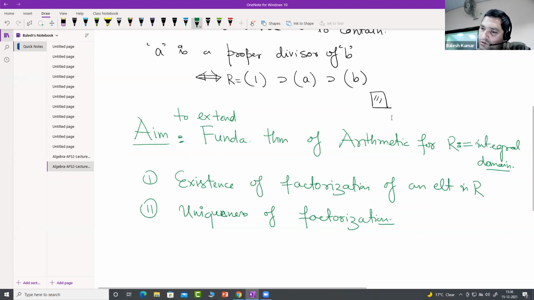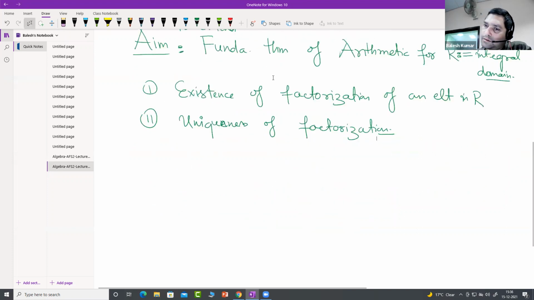So existence of factorization means that one should be able to write a given element as a finite number of factors, where each factor is irreducible. So let us start. Now we are in a very general integral domain.